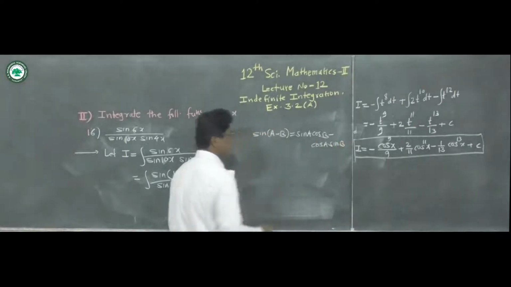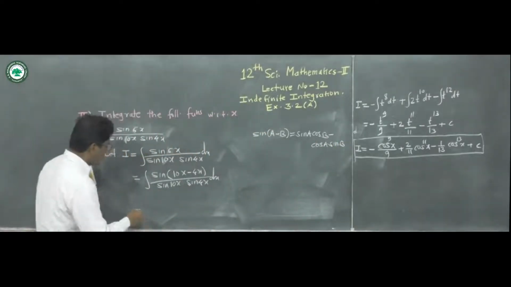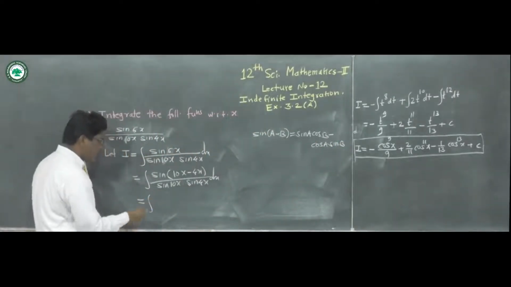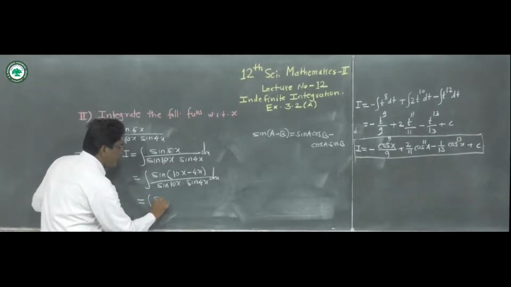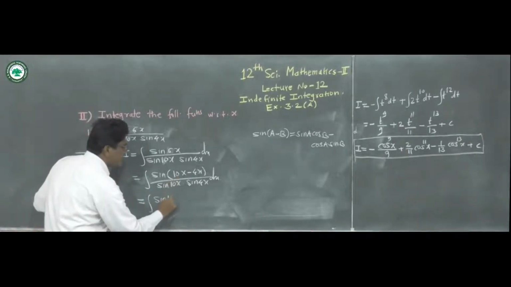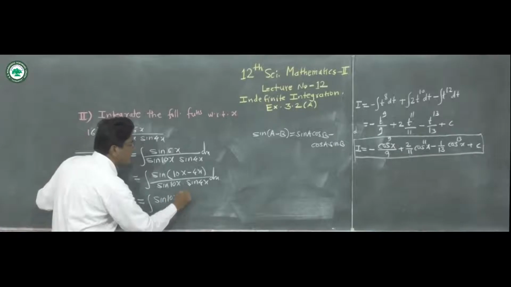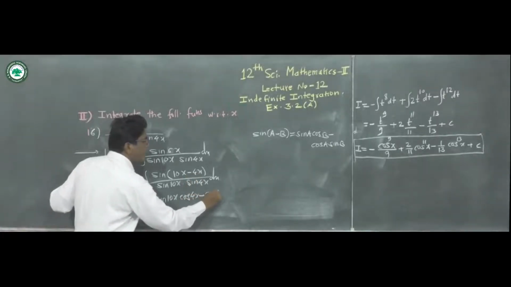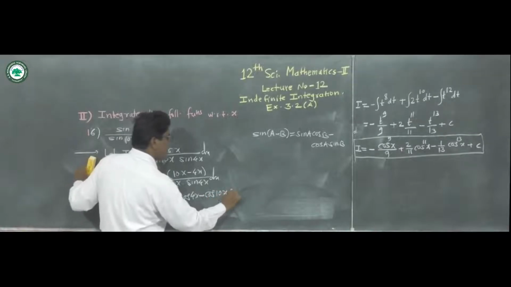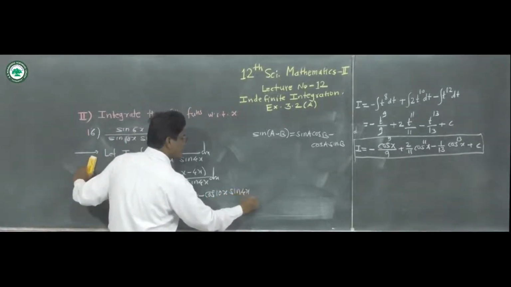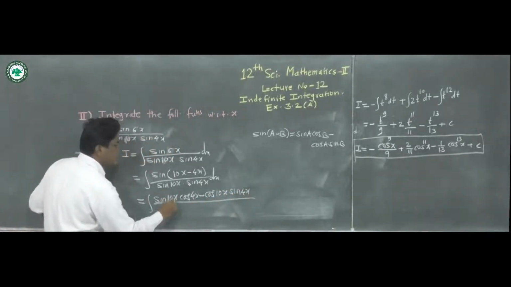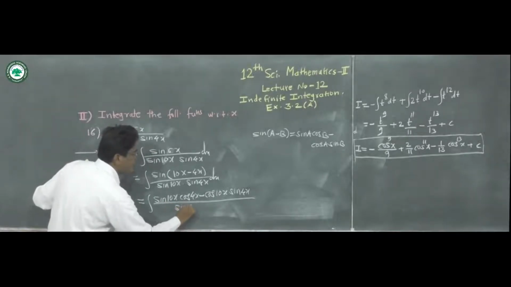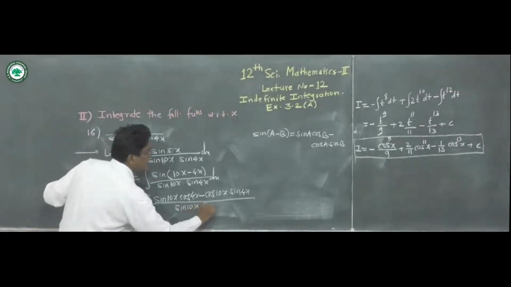Use this formula. We have seen this. So this is equal to integration of sine a means 10x into cos b, b means 4x, minus cos a 10x into sine b 4x divided by this sine 10x into sine 4x.